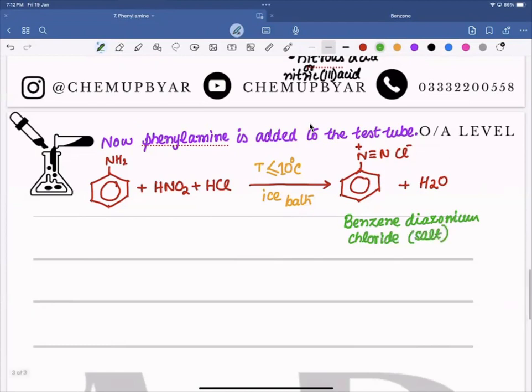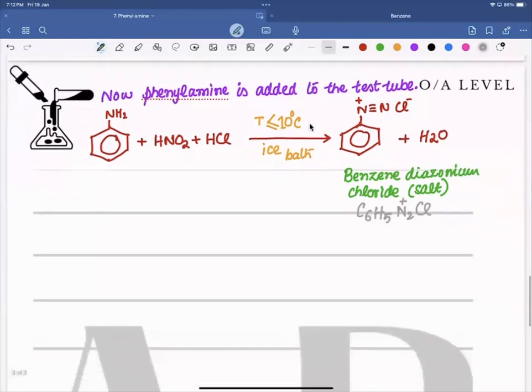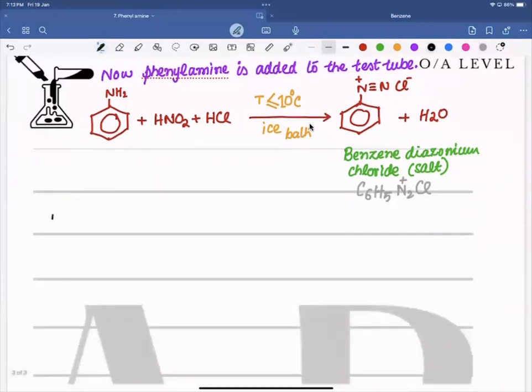You can easily see its molecular formula is C6H5N2+ Cl-. So in the first step, a diazonium ion is produced.